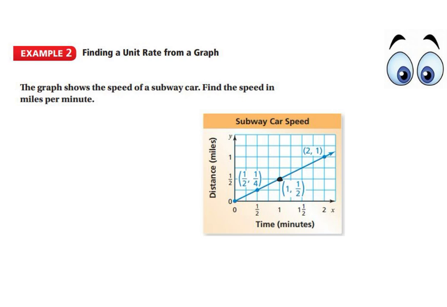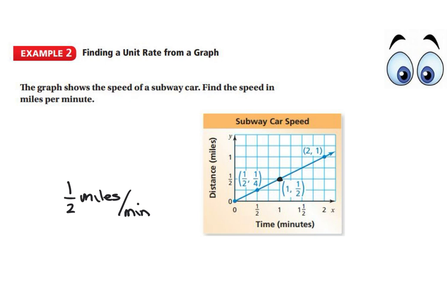So we could say that the speed of the subway car is 1/2 miles per minute. And that is a unit rate because we have 1/2 miles per minute.